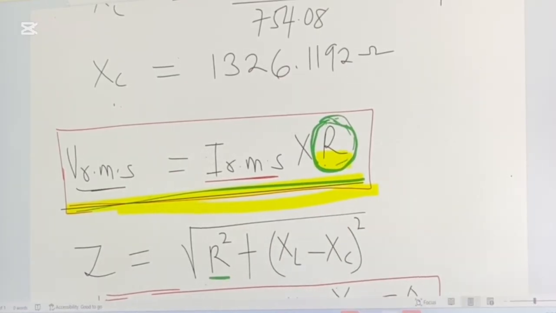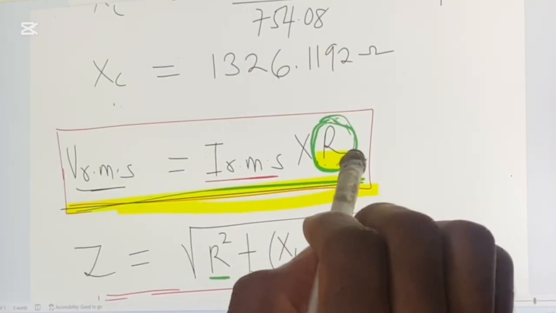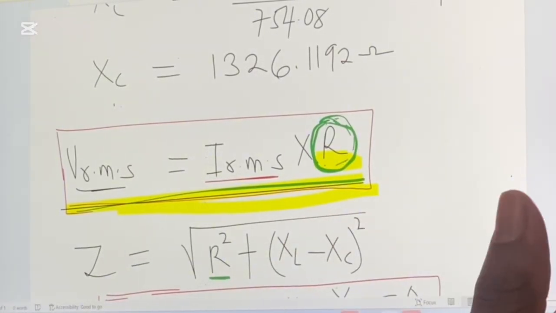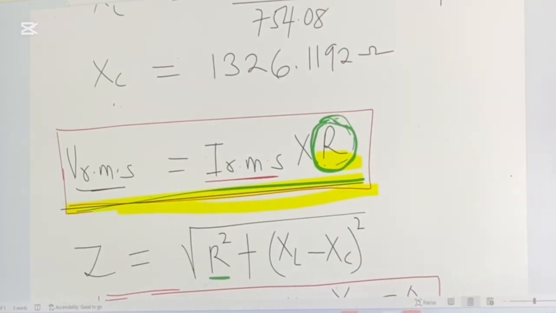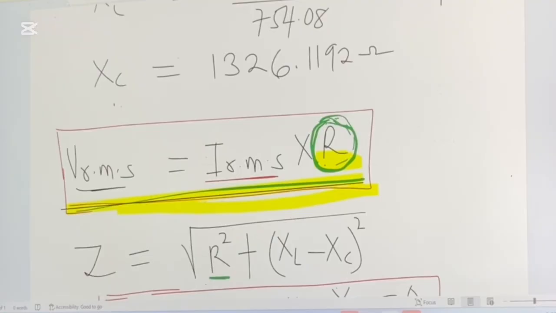If an inductor is given to us in the equation, we use inductive reactance as the resistance. But if two or more are given to us, two or more of resistance, capacitive reactance, inductive reactance, we use what we call impedance. If two or more of them are given, we use impedance.